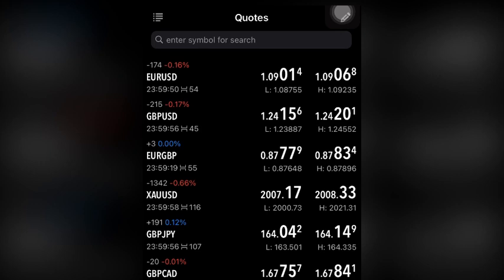The interface might be different, but the currency pairs and the bid and ask prices are going to be the same. The phone I'm using for this course is an iOS phone, so you might be using an Android phone.